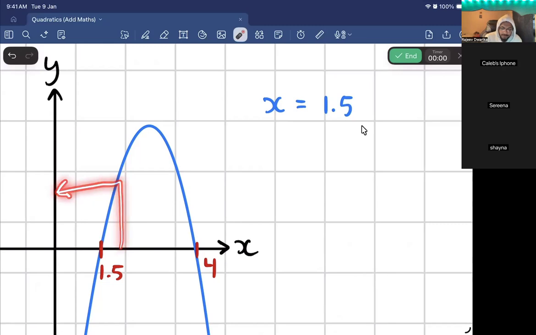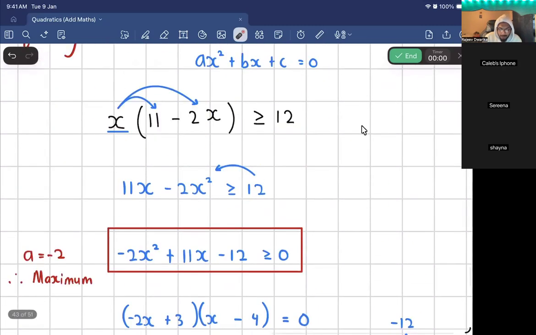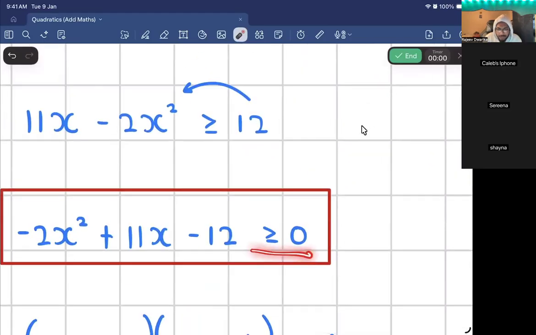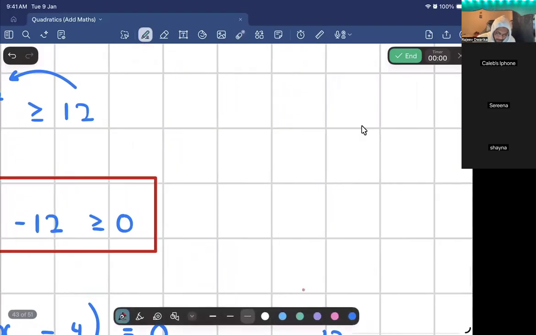I would get a positive, and the condition that we had to meet was it had to be more than or equal to 0. If it's more than or equal to 0, that means your answer could be 0 or more than 0. Yeah? And if it's more than 0, is it positive or negative?